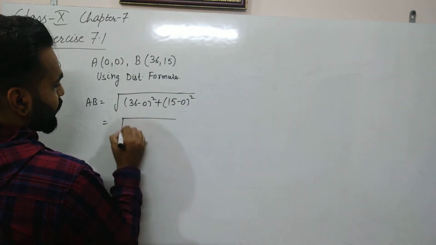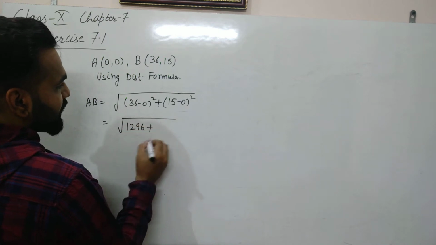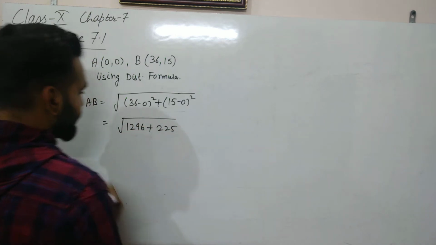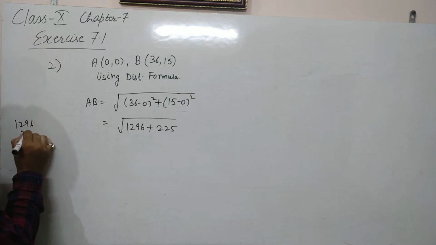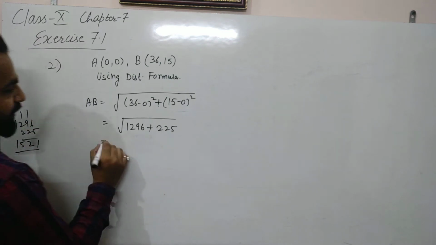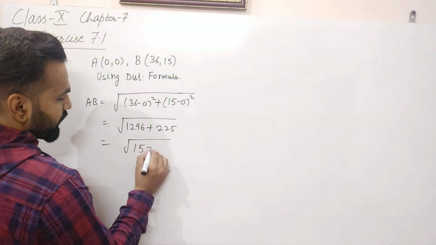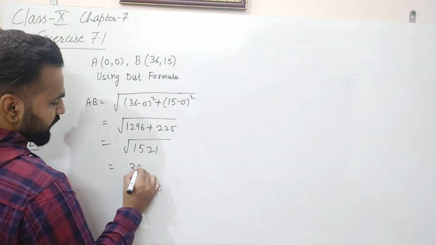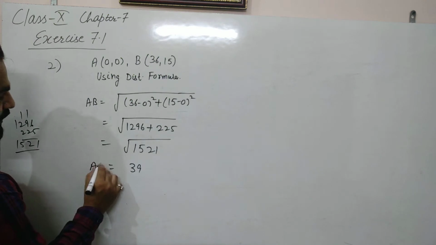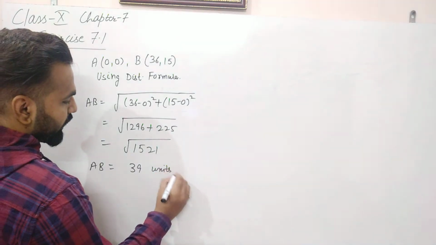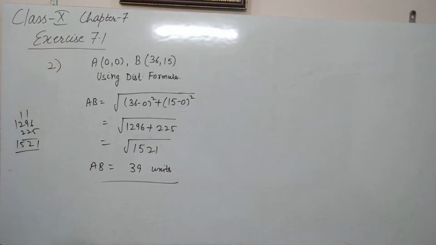This will be equal to 1296 plus 225. This will be equal to 1521, and square root of 1521 is 39. So AB is equal to 39 units. So this was question number 2.